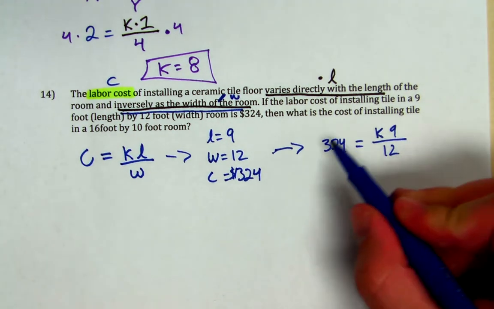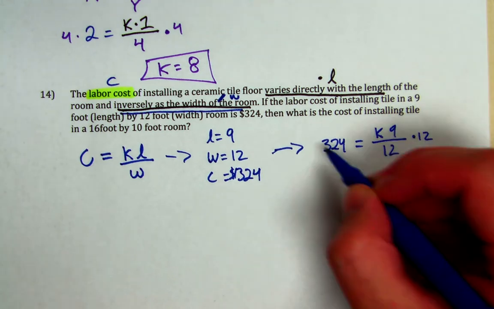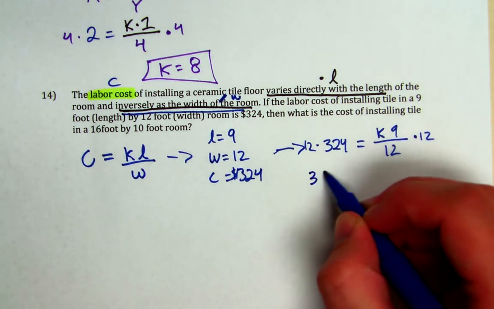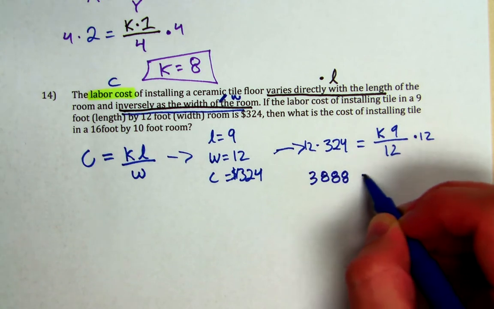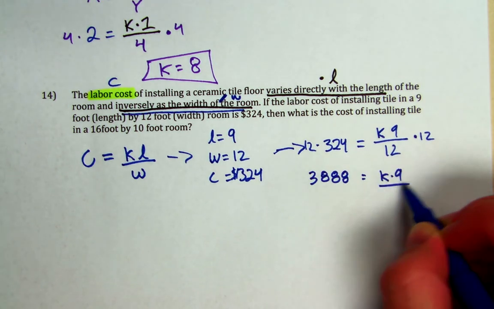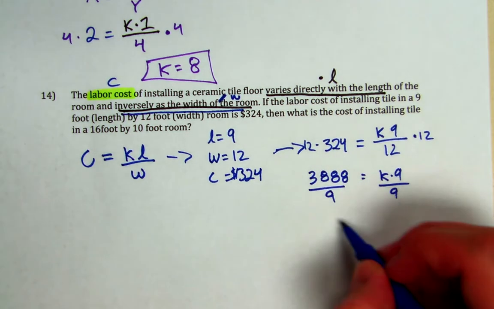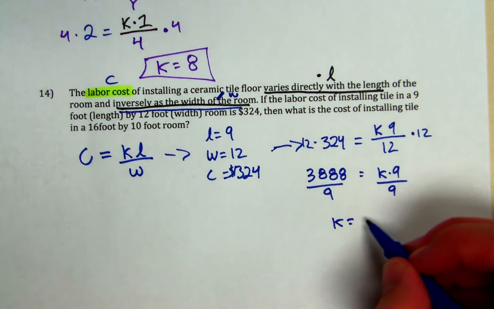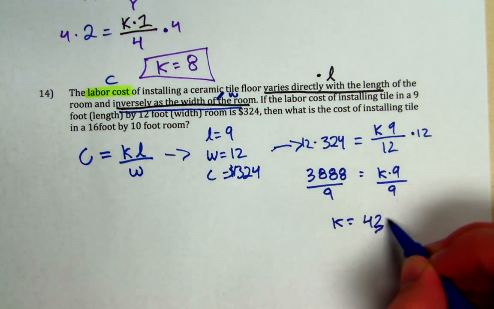Well, hey, we got to solve this now. So multiply by 12, multiply by 12. So 12 times 324 is 3,888 equal to k times 9. Divide by 9. We get a value of k that equals 432.